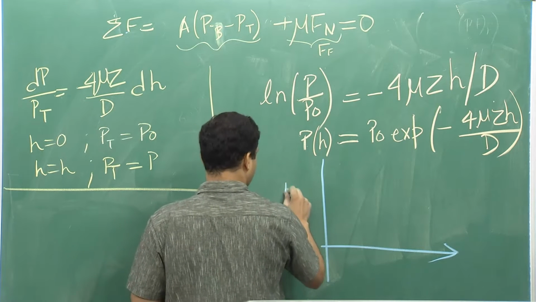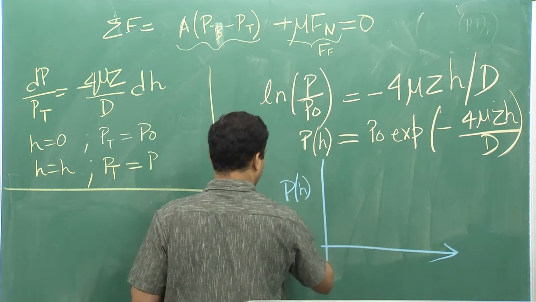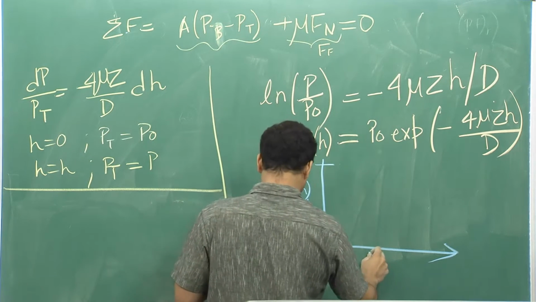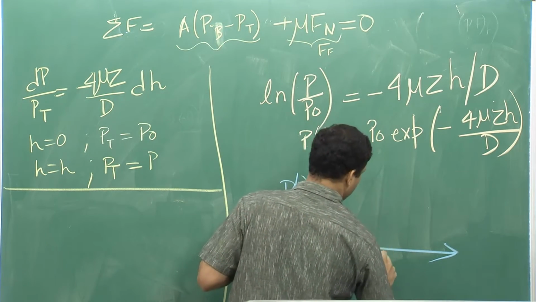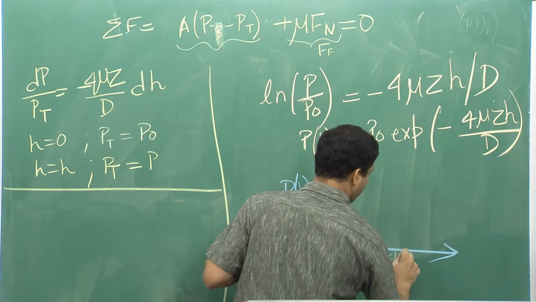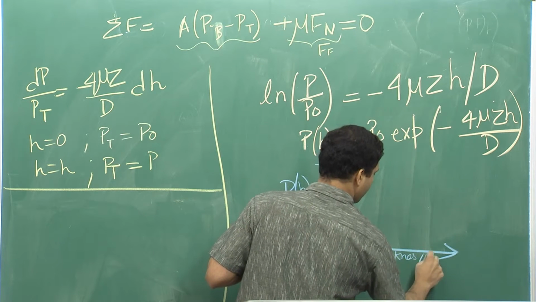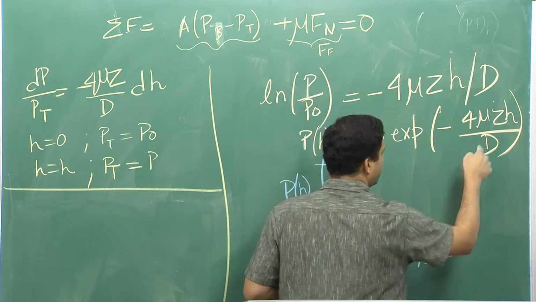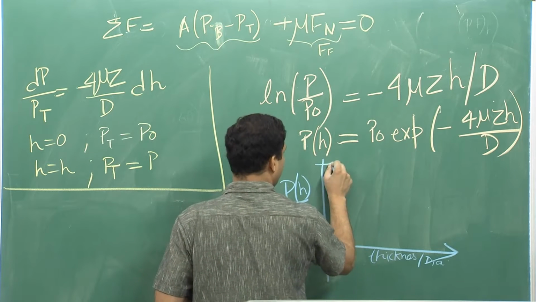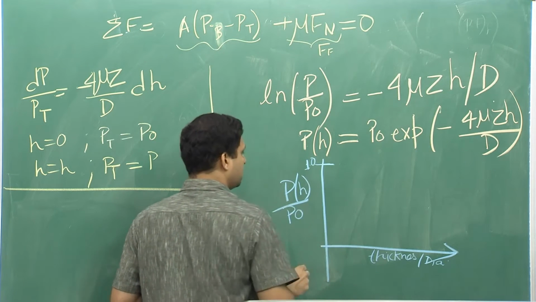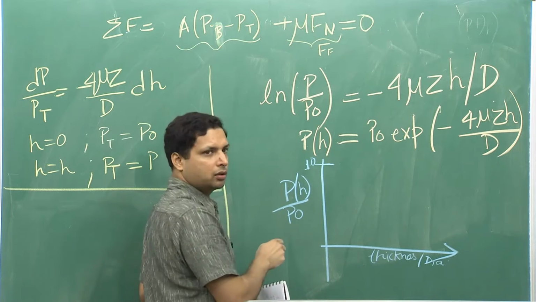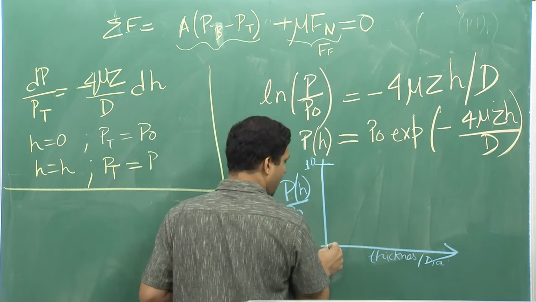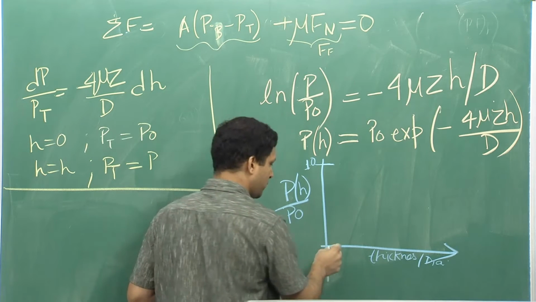So, this is P h by P naught, and let us say on the x axis we have thickness by diameter. So, this is nothing but h by d, and over here you have 1.0, meaning P h is equal to P naught, that is the maximum pressure being applied, which you would see just at the surface, at this point.